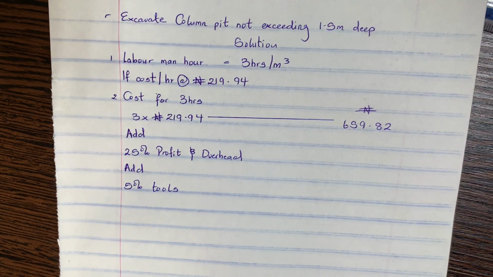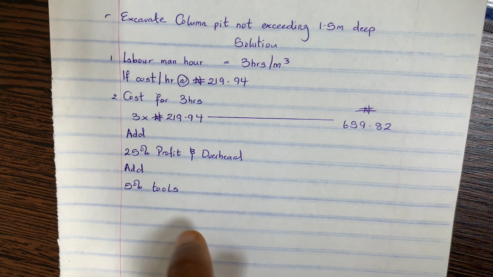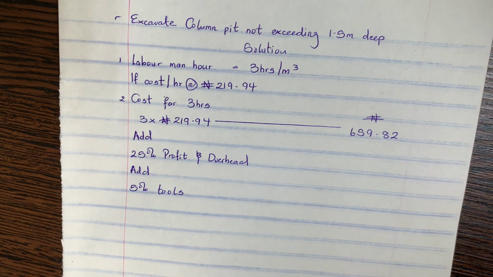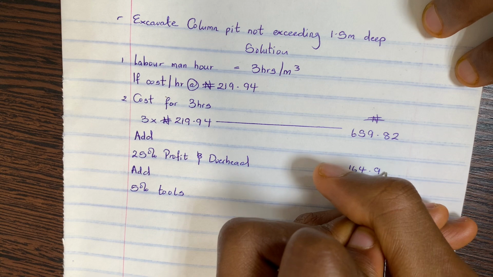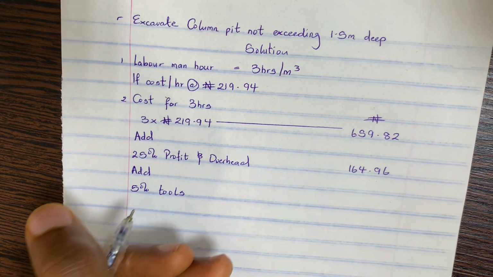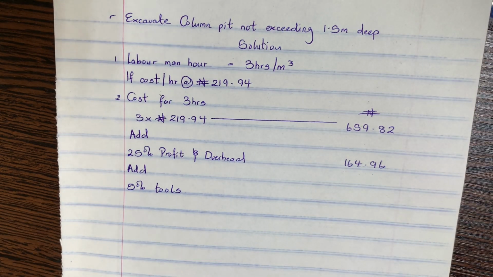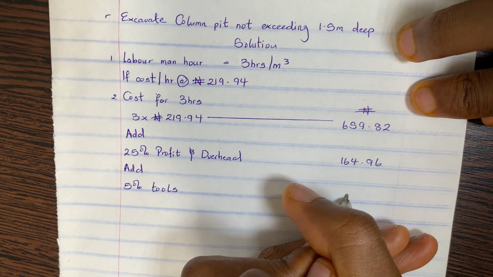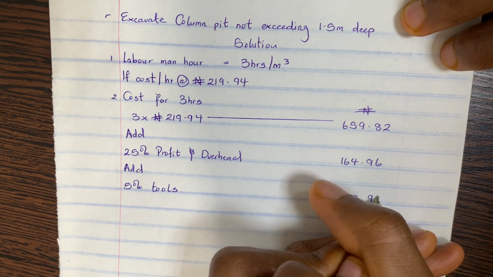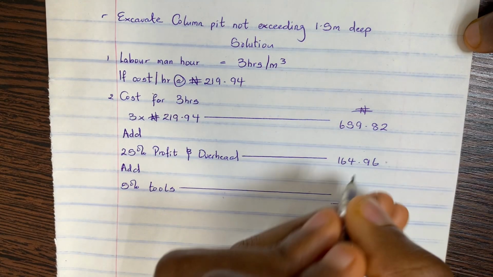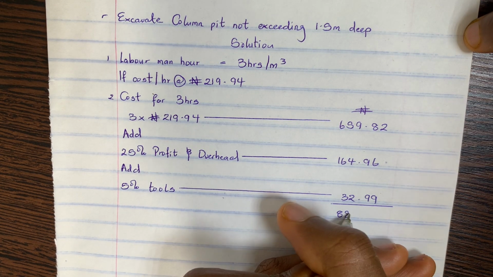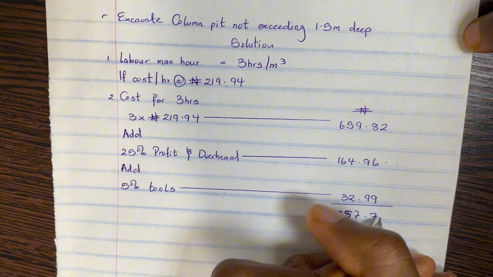So 25% of 659.82 will give me 164.96, and then 5% of 659.82 is 32.991. You can now add everything together, and that will give me 857.77 naira.